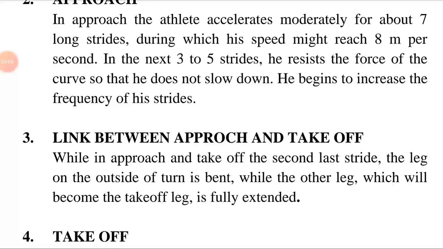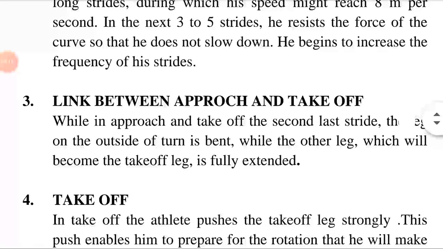Means at a particular point the athlete increases his speed to cover 8 meters in 1 second. In the next 3 to 5 strides he resists the force of the curve so that he does not slow down. Means in the coming 3 to 5 steps he controls the speed during the bend.